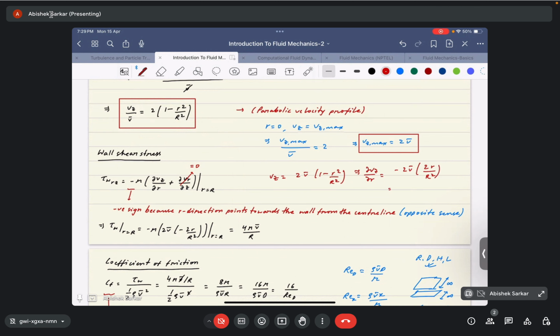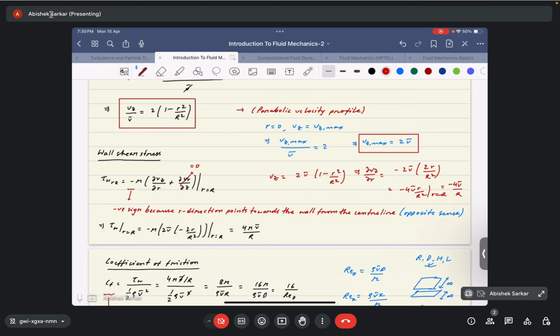So basically this gives us minus 4v bar r by R square. For r equal to R, this will give us minus 4v bar by capital R. Sorry, I am extremely sorry, it will give us minus 4v bar by capital R.